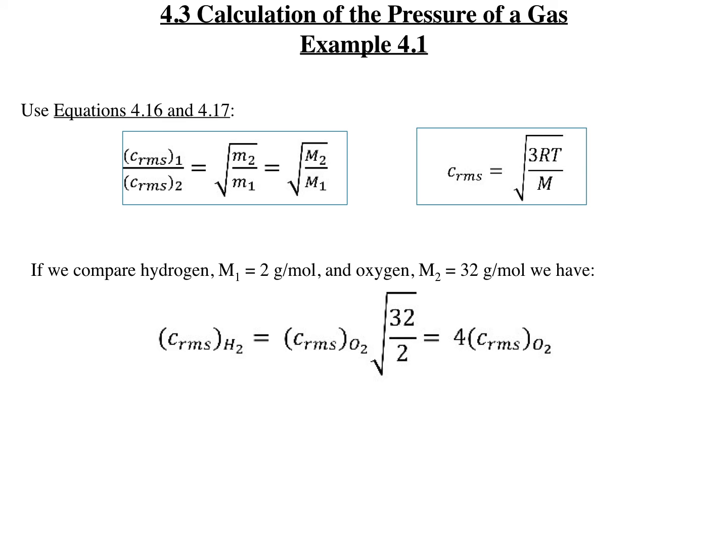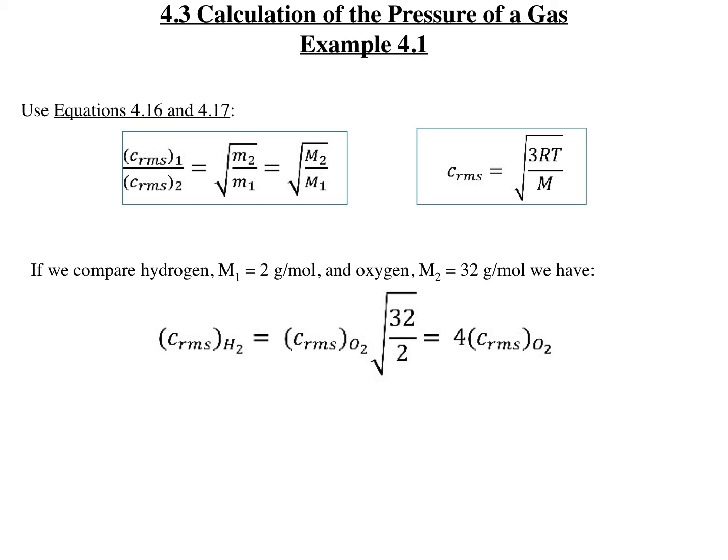We can write the following expression: CRMS of H2 equals CRMS of O2 multiplied by the square root of 32 over 2. 32 over 2 is 16, and the square root of 16 is 4. So we can say that the root mean square speed of hydrogen is about 4 times that of oxygen.